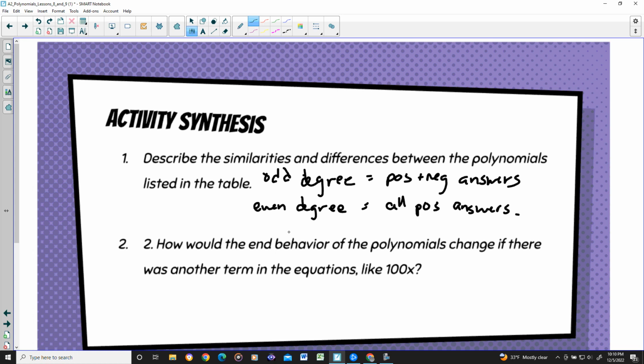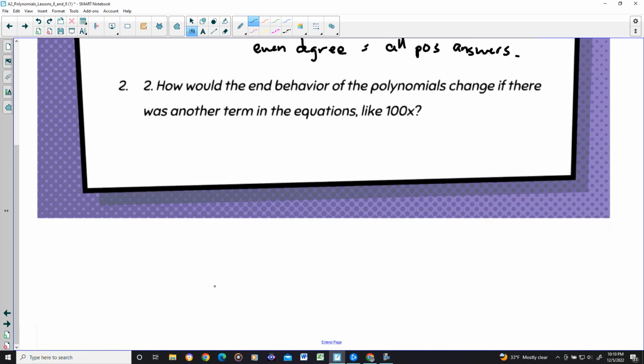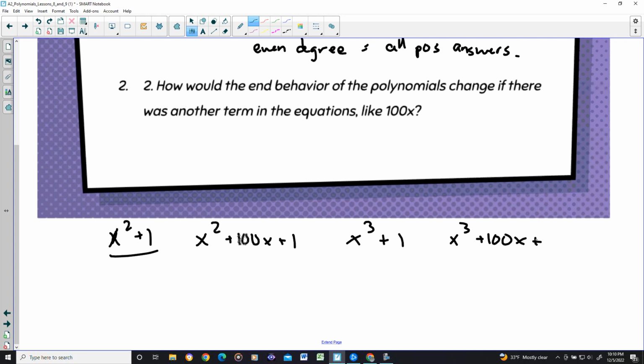So let's say we have x squared plus 1, and then x squared plus 100x plus 1. X to the third plus 1, and x to the third plus 100x plus 1.